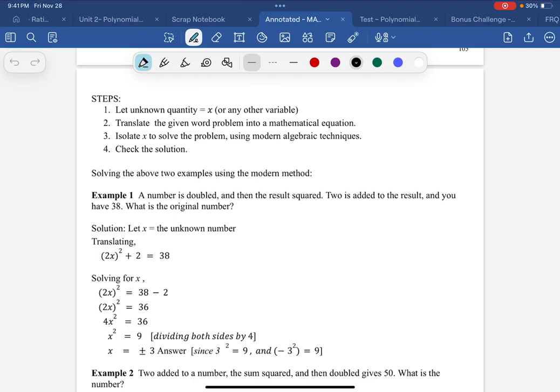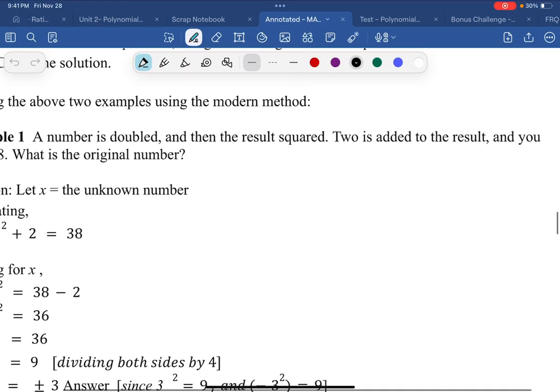All right. So in example 1, a number is doubled and the result is squared. Before you even get into the translating part, we can just say let x equal the number. I'm basically doing what's there, and I'm just going to break it down a little further.